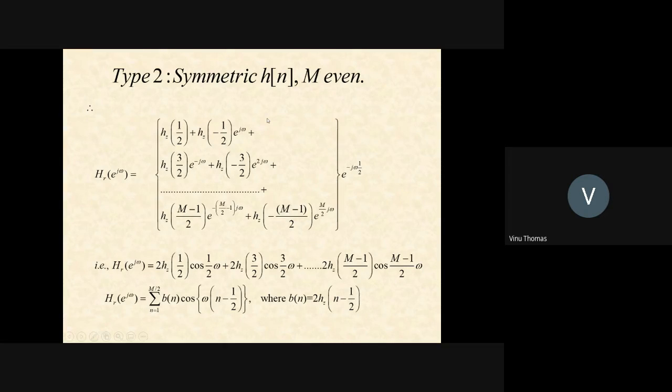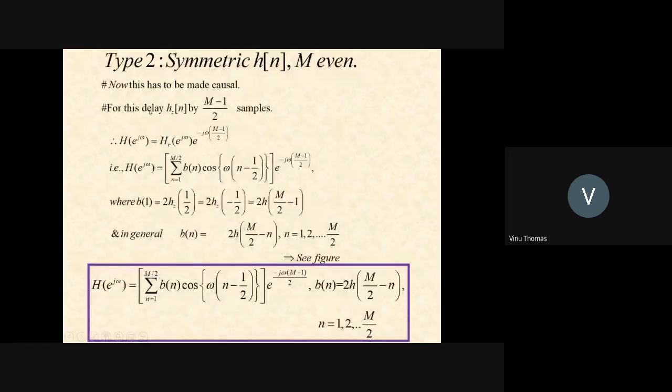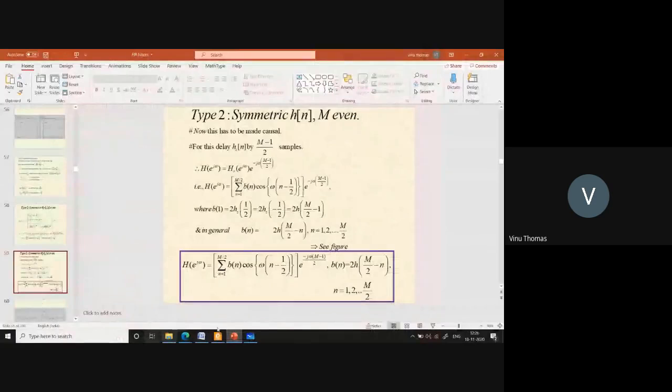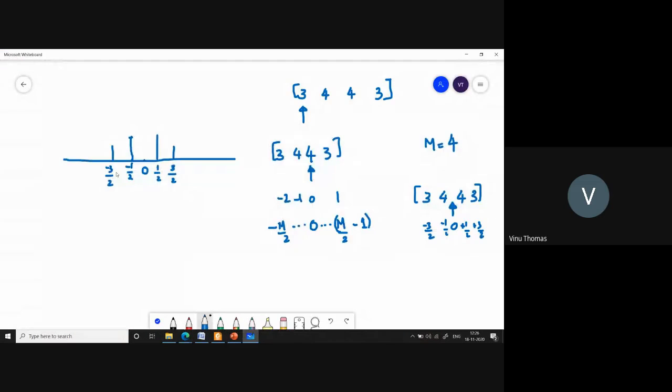Now this has to be made causal. How will you make this causal? You have to delay this by (M-1)/2 samples. As in the example that we have here, this has to be delayed by 3/2 samples. What is 3/2? 3/2 is (M-1)/2, M is 4, 4 minus 1 is 3, so 3/2 samples.